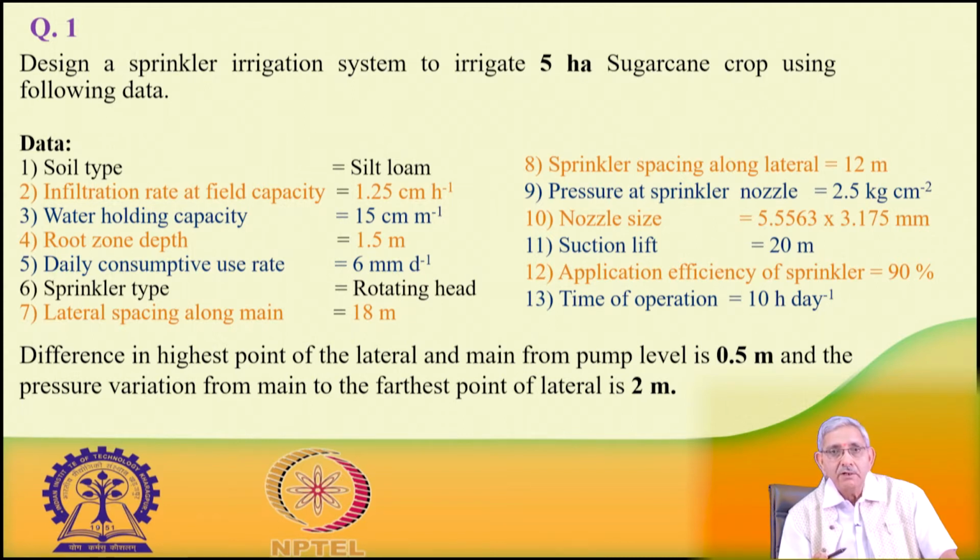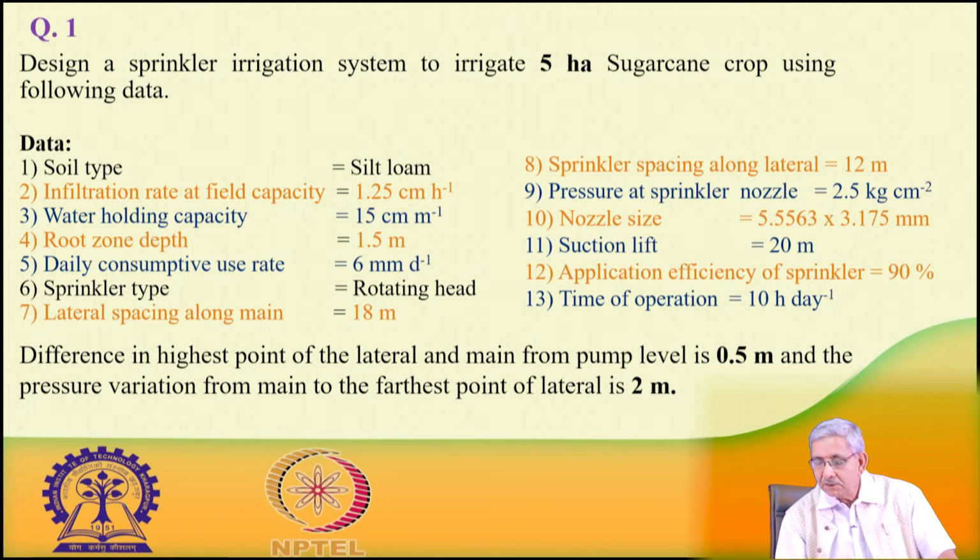So, practically the sprinkler spacing along the main is 18 meter, and the sprinkler spacing along the lateral is 12 meter. So, this is the area covered by one sprinkler, 18 meter by 12 meter.